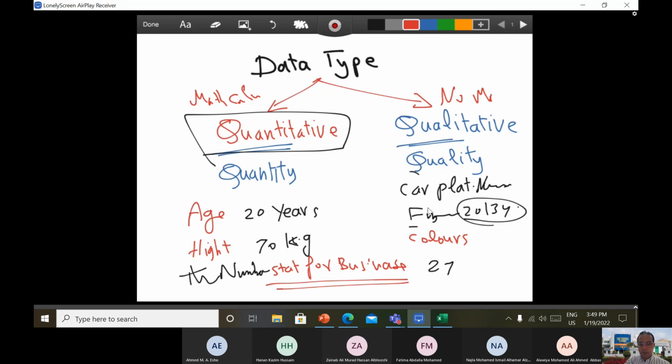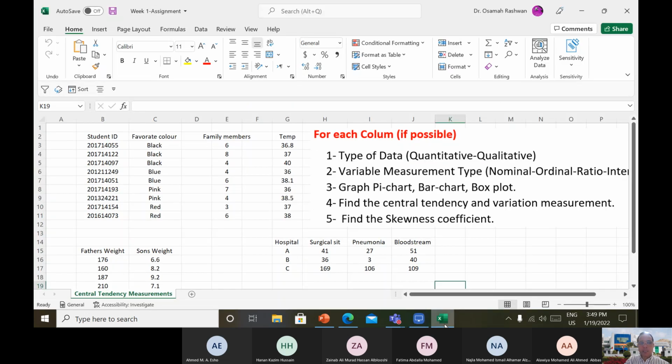Okay. Now, here is a question. If I go for a student ID number, is this quantitative or qualitative? Can you answer me, please? Qualitative. Yes, excellent. Because you cannot add two ID numbers to have a new student.